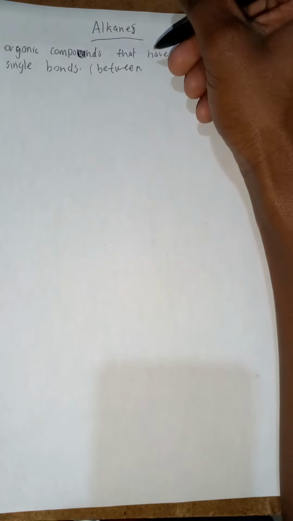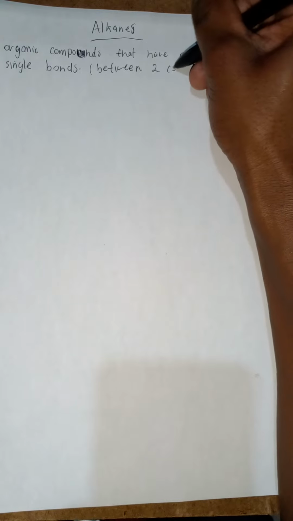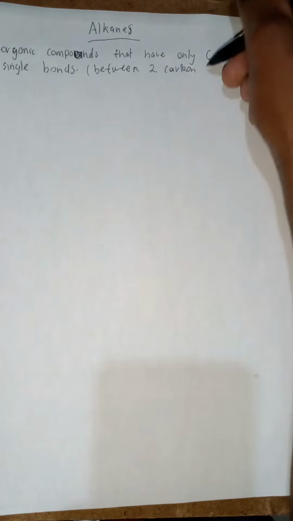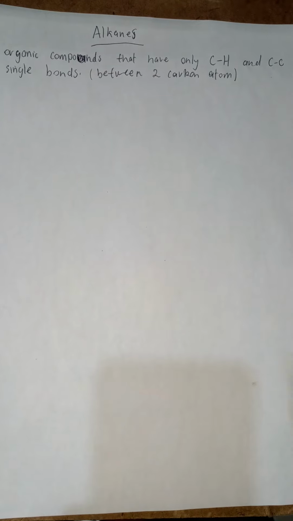You can simplify it by saying that they are single bonds between two carbon atoms. Between every carbon atom there has to be a single bond, and because of that it is defined as being an alkane.